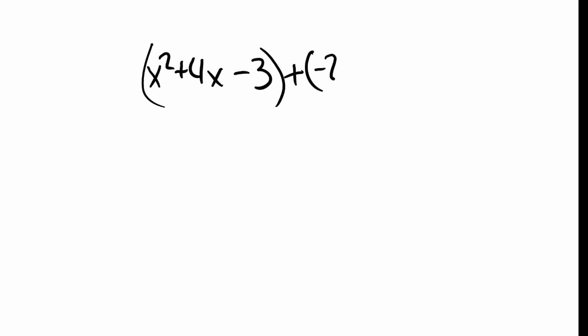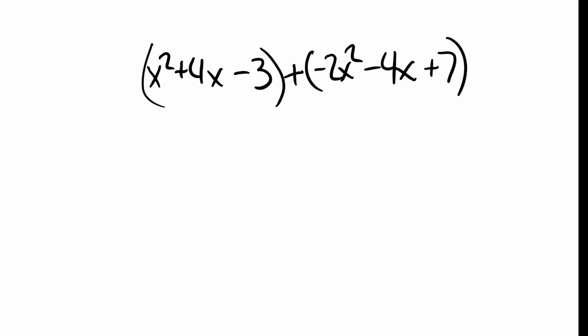Next piece. Then we added and subtracted polynomials. That was kind of our beginning piece last unit. So we took stuff like x squared plus 4x minus 3, and then we added a parenthesis like negative 2x squared minus 4x plus 7.